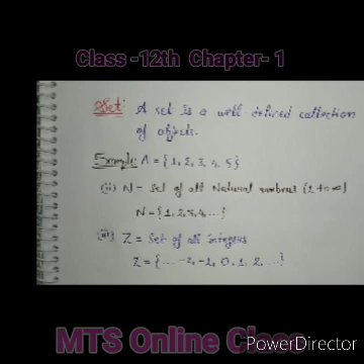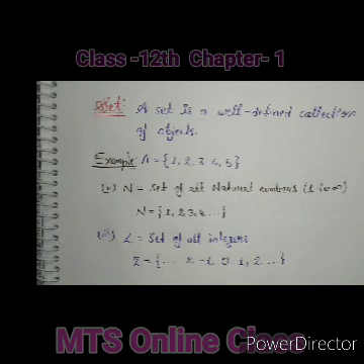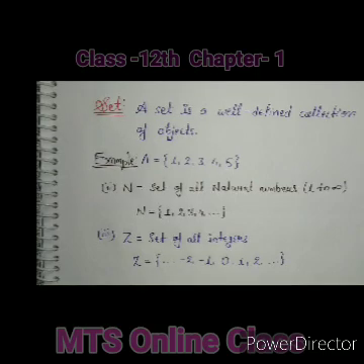Well-defined collection means the collection should not change from person to person. For example, if I ask you the top 5 actors of Bollywood, the answer will be different for everyone, so it is not a set.